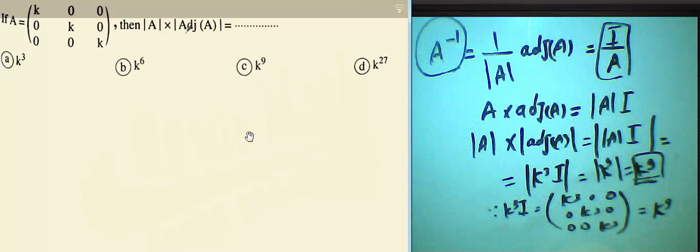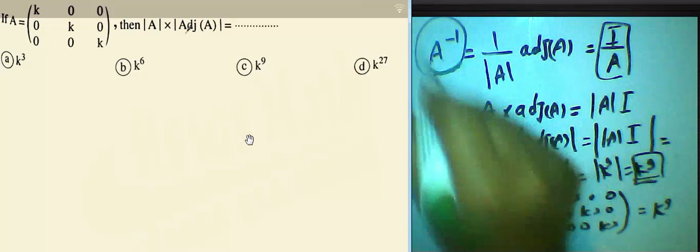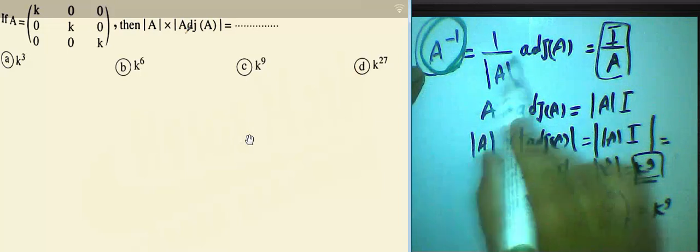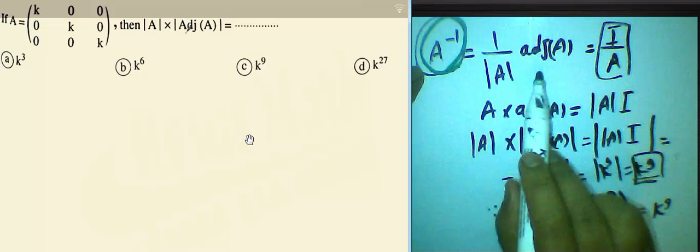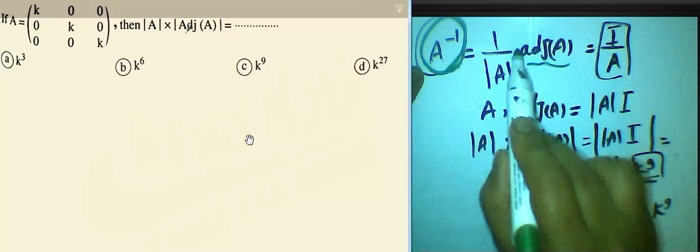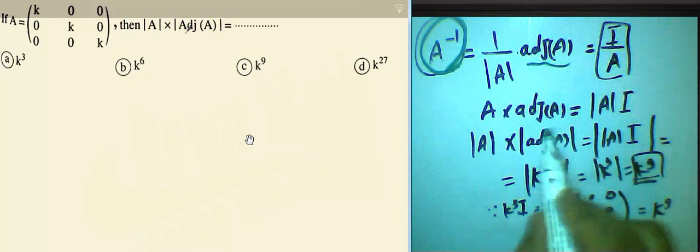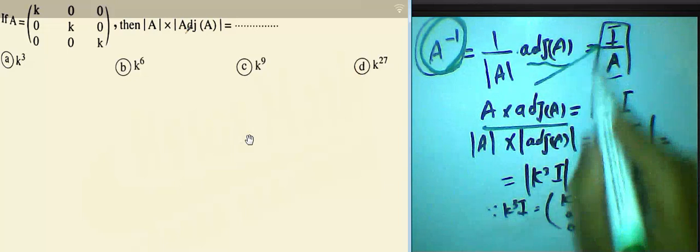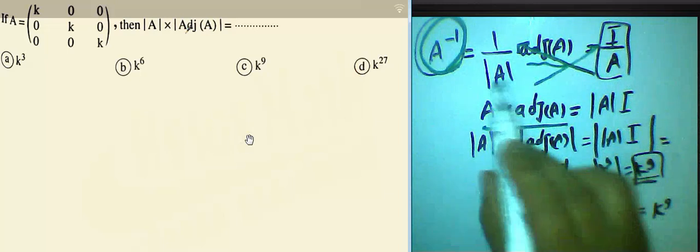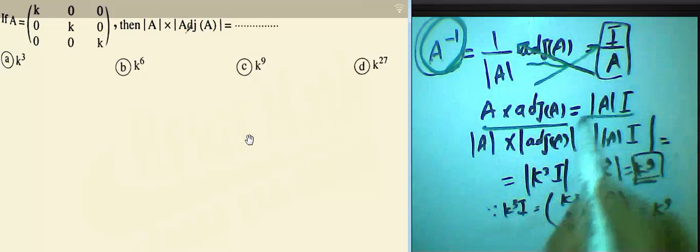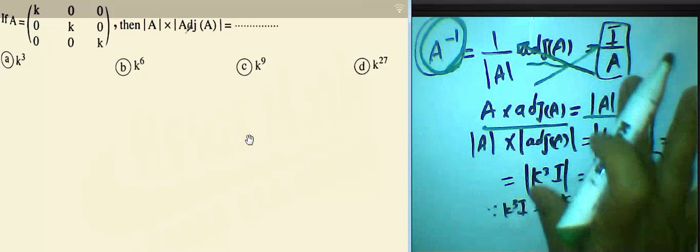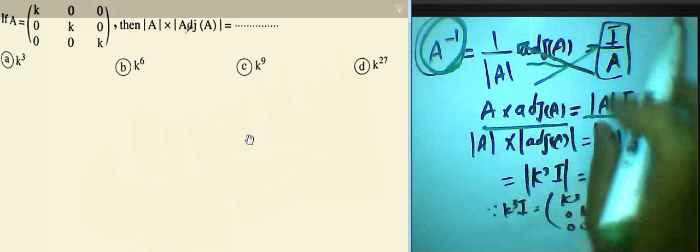Again, I will solve it and explain it again. Look with me here. We know A inverse is the inverse of matrix A, which equals 1 over determinant A multiplied by adjoint A. We write A cross adjoint A equals determinant A multiplied by I. Don't write determinant A only.